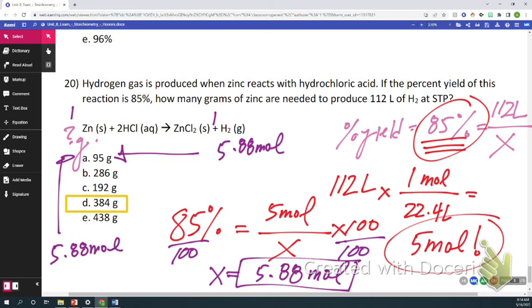I changed the 112 liters to 5 moles, and I figured out that theoretically I need 5.88 moles, because it's only going to yield 85% of 5.88, and that's going to give me the 5 moles I need. I know this reaction is always 85%, so I need to act like I'm going to make 5.88, and so I need to start with 384 grams of zinc. I need to react 384 grams of zinc to make 5.88 moles of hydrogen, which will actually only yield 5 moles because this reaction is 85% yield.